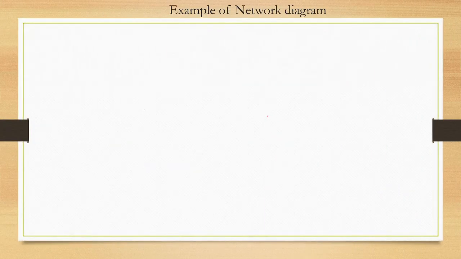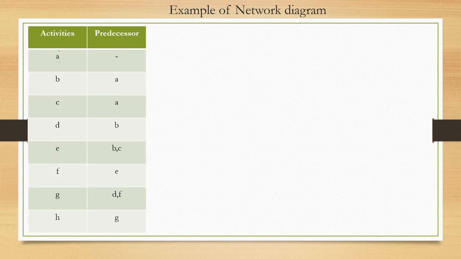Let's see how to draw this network diagram. We have some activities from A to H and we have some predecessors. What is the meaning of predecessor? This activity A is the starting activity, and the second activity B follows activity A. So see here how to draw this network diagram.